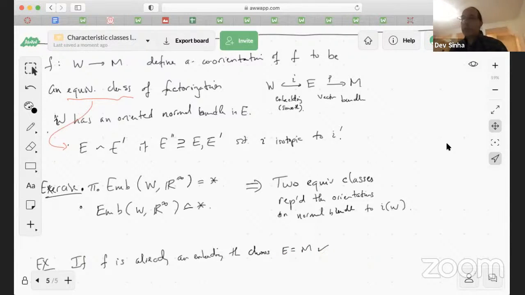And the definition agrees with what we had before. And the idea is now we make our definition.